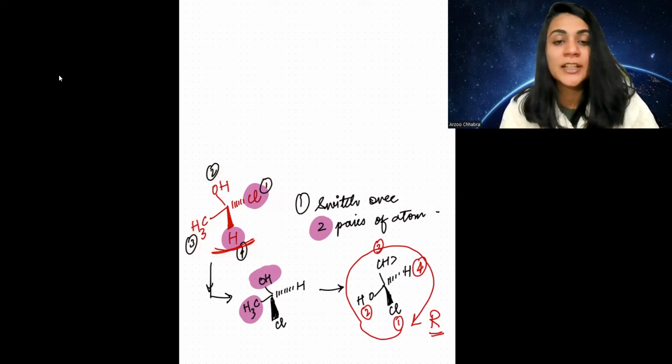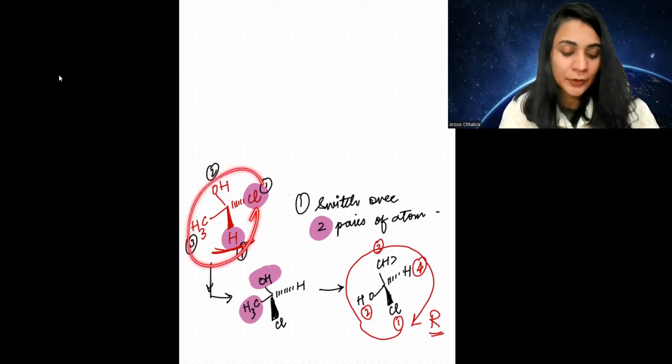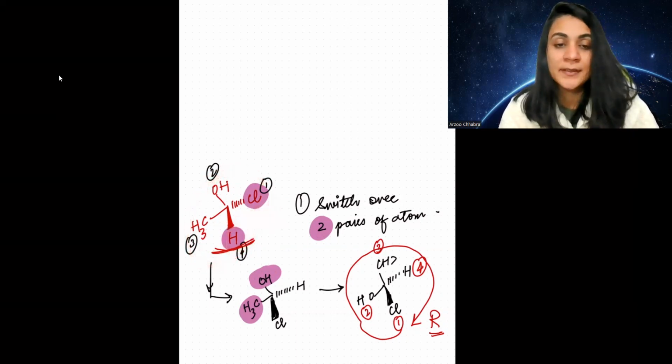Anti-clockwise is generally, usually S, right? But in this scenario, it's going to be R, because H is on the opposite bond. So whenever you get the opposite bond situation, you can make your rules the opposite rules, kind of.